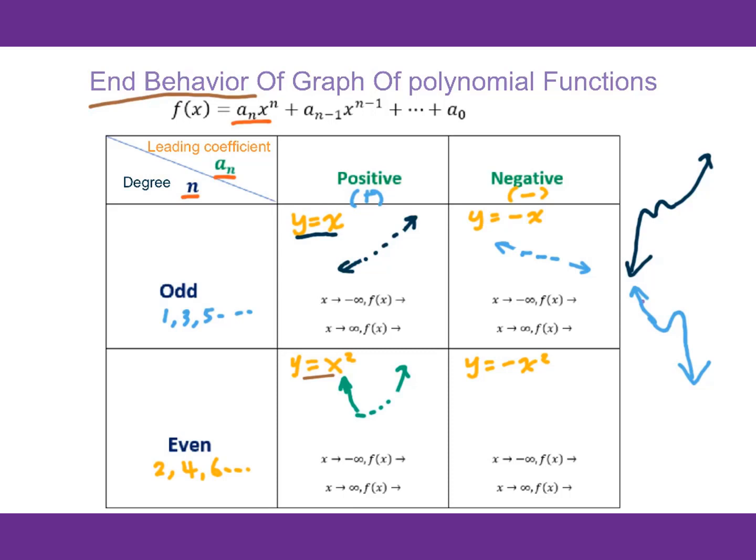Maybe the real graph is like this one. For y equals negative x squared, we know the graph looks like this. And still, we put the dot between these two arrows. It could be a graph like this.